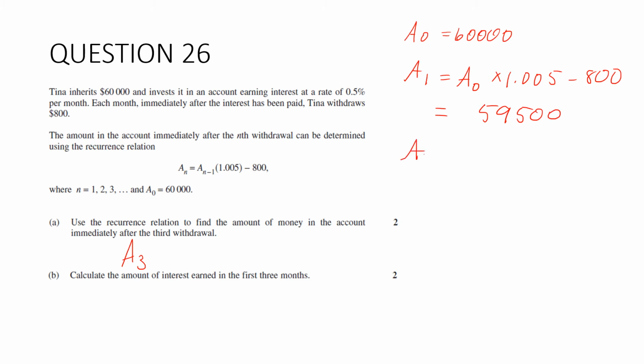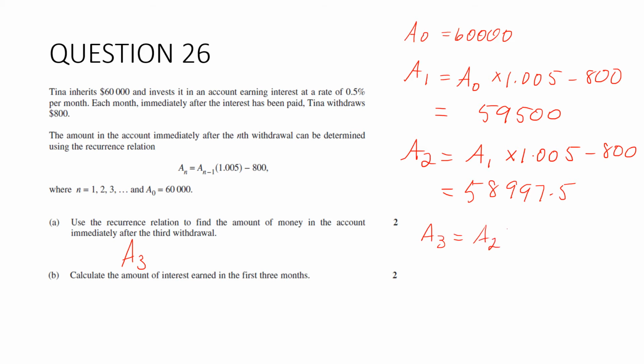And then A2 would be equal to A1 times 1.005, take 800, which is, I've still got that in the calculator, so I'm just going to hit times 1.005, take 800, which is 58,997.5.